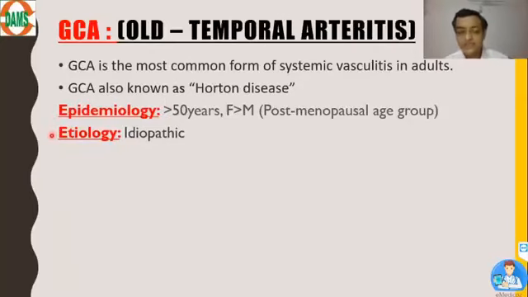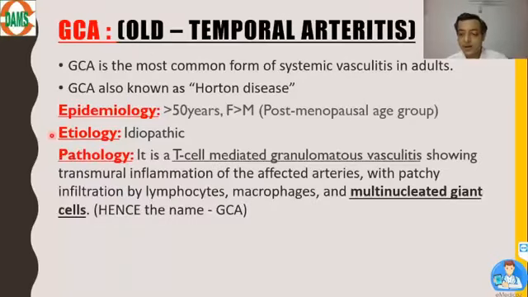The cause is idiopathic, unknown. But what is our pathology? The pathology, as we discussed in the first slide of today's class. It is a T cell mediated granulomatous vasculitis.